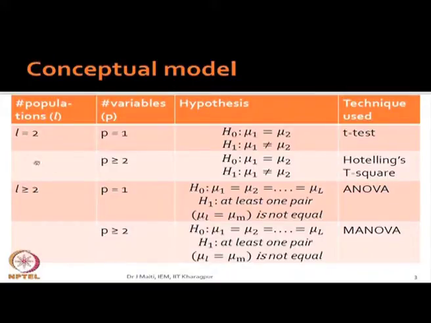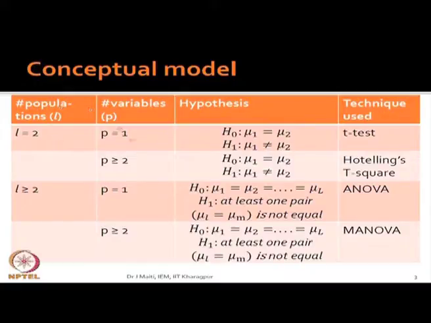You see this slide. Last class I have shown you that when L equal to 2, where L stands for number of populations, and p is 1, then we have used the t-test, that is the difference between two population means, described as H0: mu1 equal to mu2 and H1: mu1 not equal to mu2.